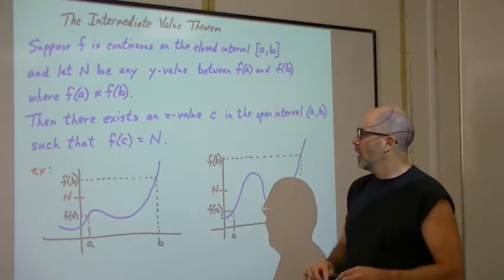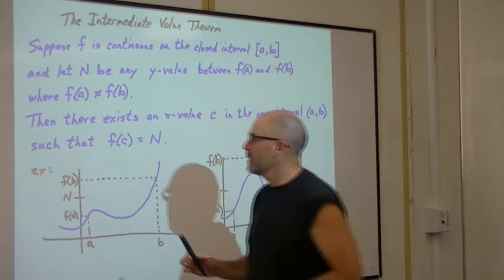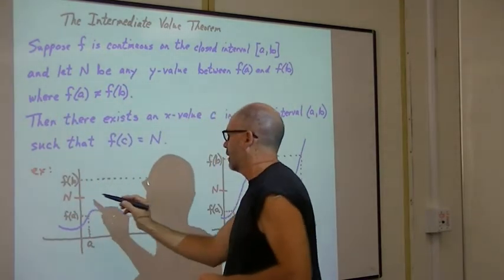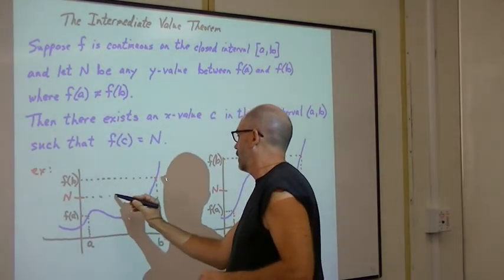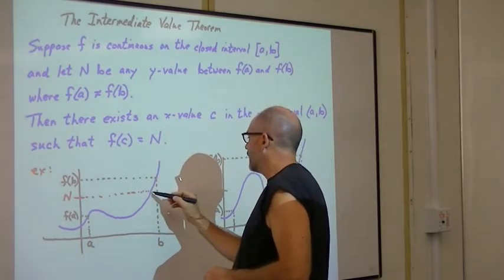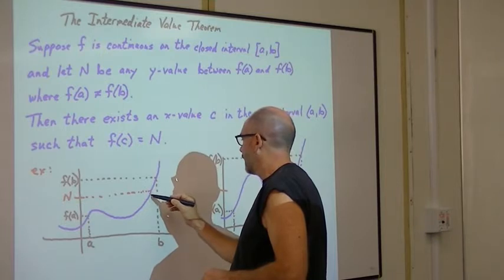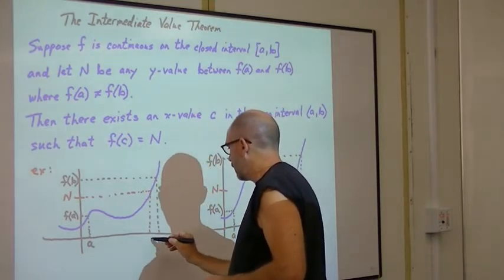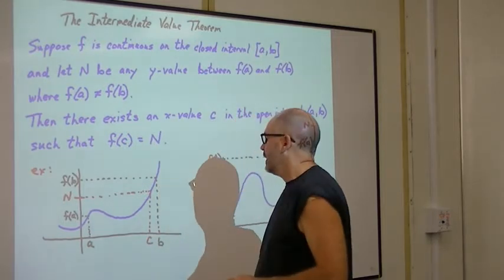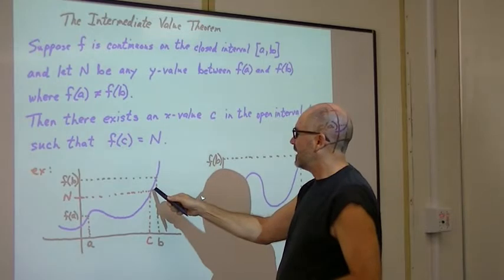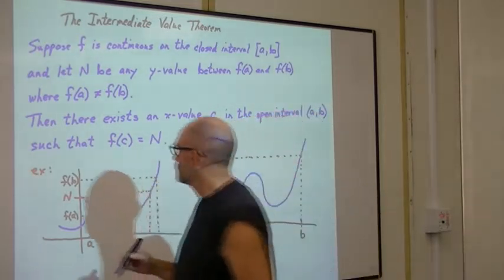Well, what we do is we say, okay, if n is here, then that means c has to be here. That means that f of c equals n.